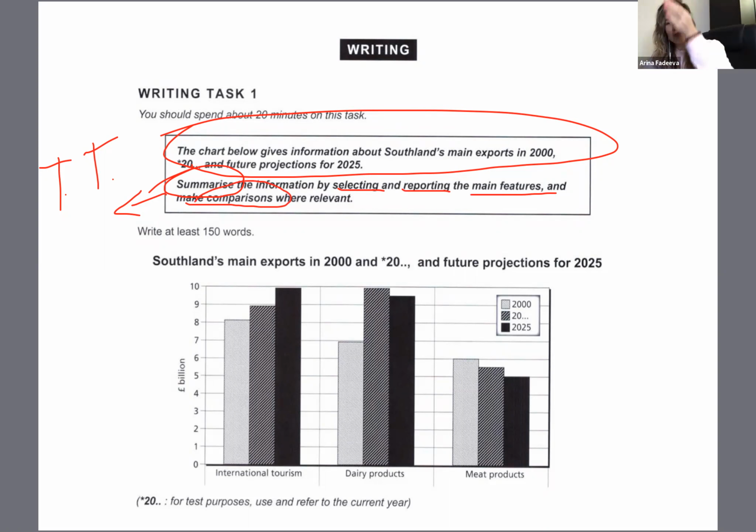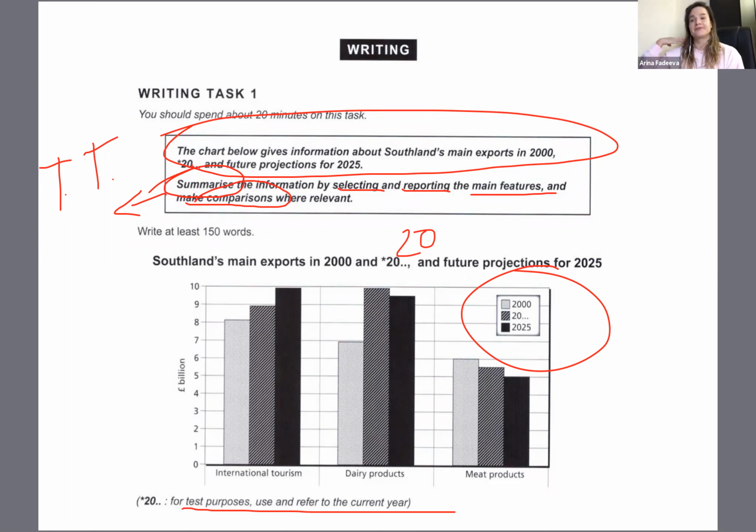So that's your task. The first thing is to summarize, so you write the overview about the whole picture. Here it's a dynamic graph because there are 3 years, and 2020 here refers to the current year, and then future predictions.